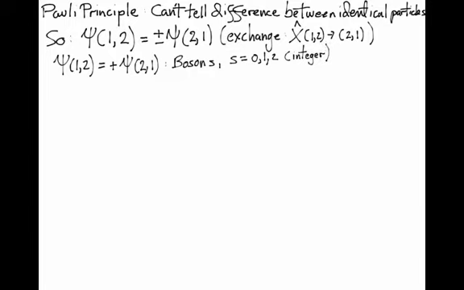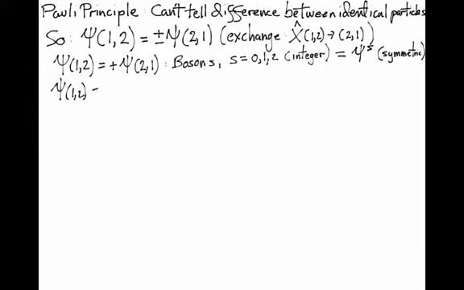So the total spin, the spin of the objects being exchanged, has to be 0, 1, 2, etc. So any object that has an integer value of the spin turns out to be a boson, and if you exchange those two objects, the wave function stays the same. Now, what we call this is the exchange symmetry there is symmetric, right? The function stays the same.